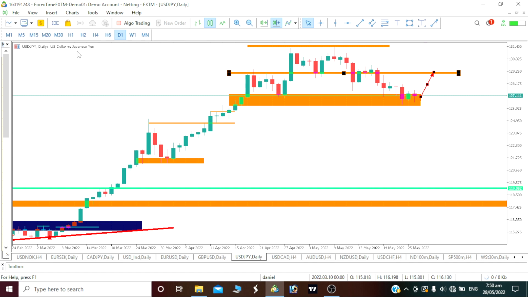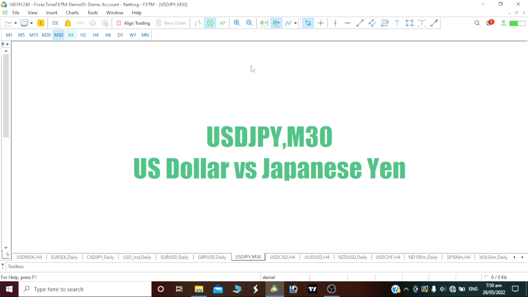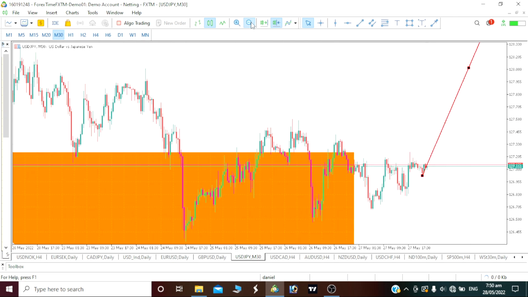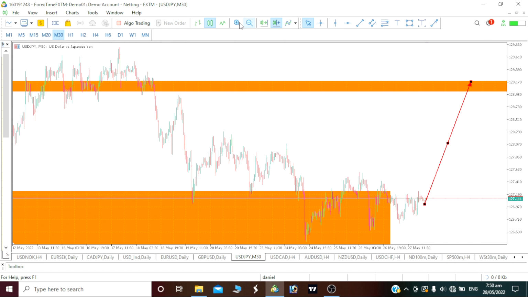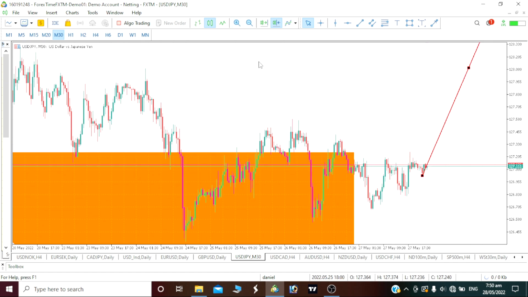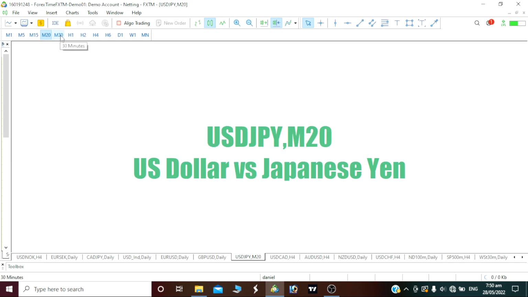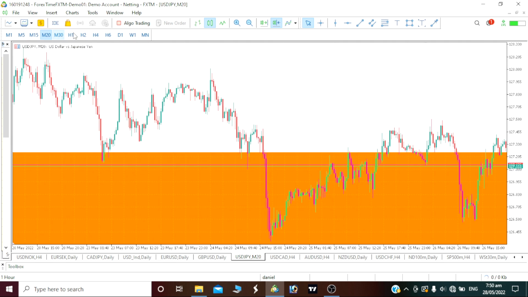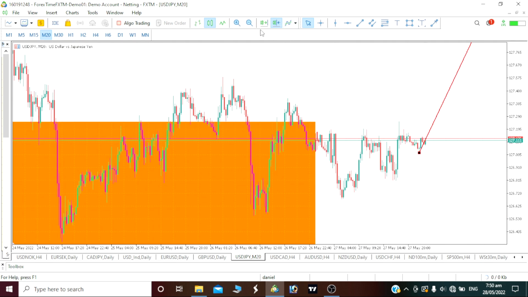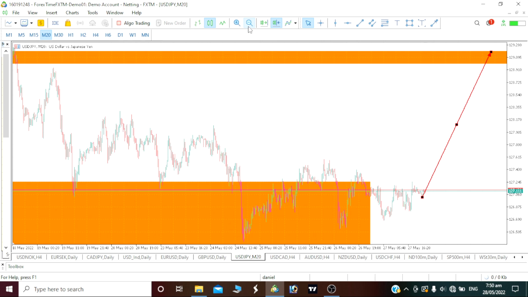Like I always advise, before you take your buy position, go to your 30 minutes time frame. As you can see, your 30 minutes or your 20 minutes, those two time frames are the best. When you see multiple breaks of structure upward, like an uptrend move, probably when our uptrend breaks above this area here, then that should be a good way to take your buy position.